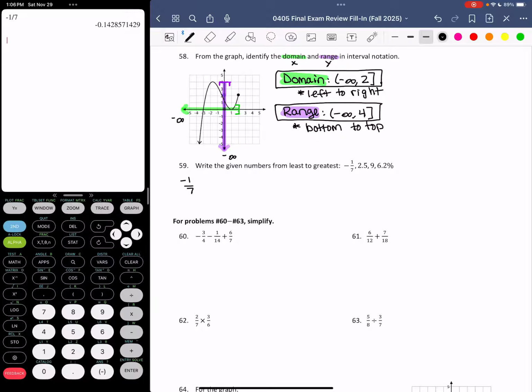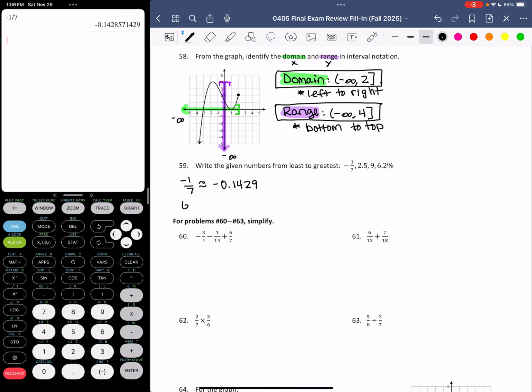Negative 1/7 is approximately equal to negative 0.1429. And then we have 2.5, which is already in decimal form. We have 9, which is already in decimal form.